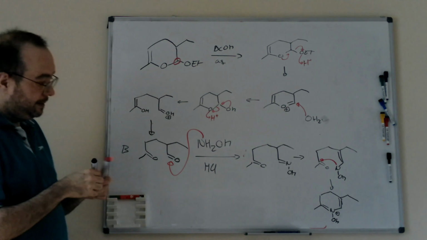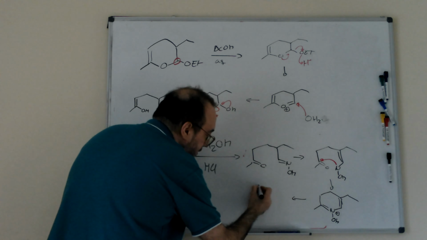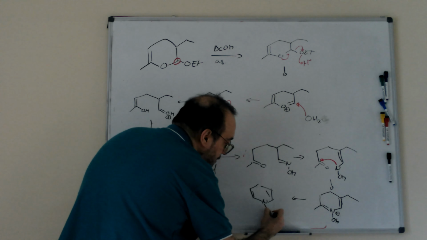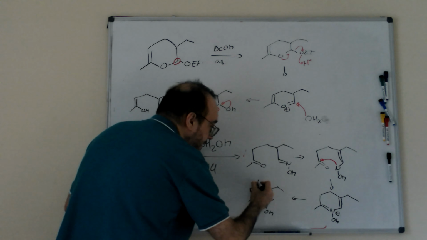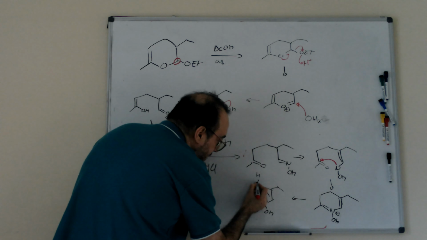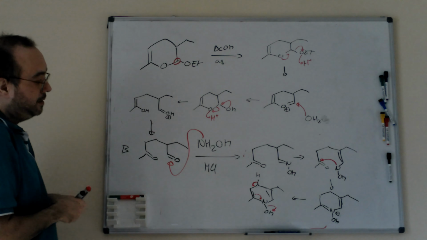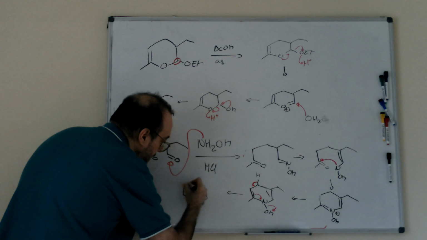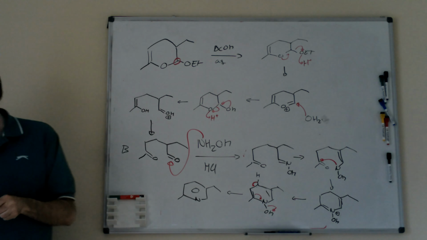We do this and we get this intermediate, and again tautomerization imine enamine to form the dihydropyridine. Okay, and remember that this dihydropyridine is very unstable, and what we are doing is basically we eliminate the wedge to form the final pyridine.